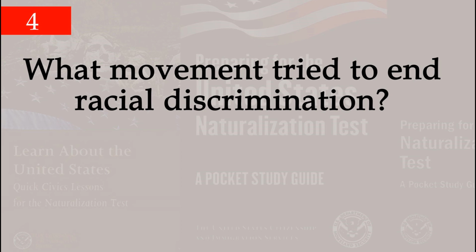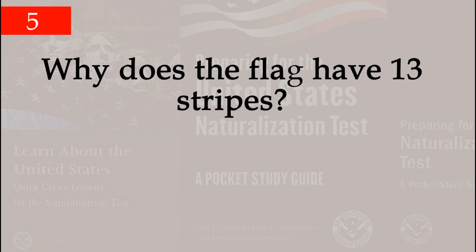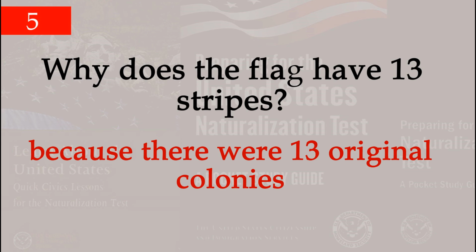What movement tried to end racial discrimination? Civil rights. Why does the flag have 13 stripes? Because there were 13 original colonies.